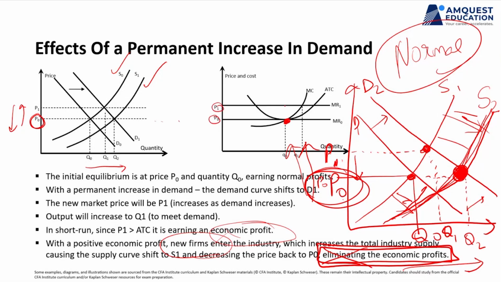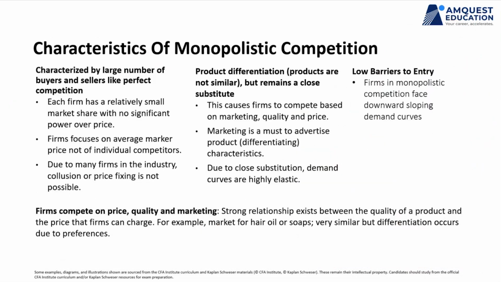If the price is P1, you'll notice that you're actually making a super profit, which is not good. So we need the price to be P0, not P1, because at price P0 there'll be good demand, good supply, and there won't be super profits being made by a few industries. Okay? Clear, guys? So that was it for perfect competition. Any questions?